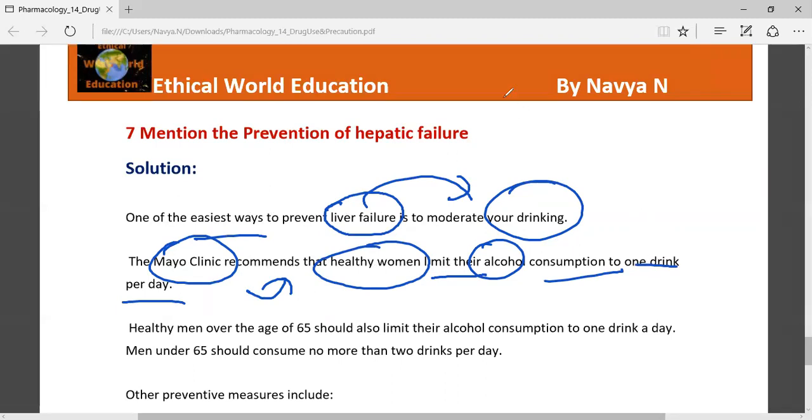What does the Mayo Clinic say? For healthy women, only one drink per day. And what about healthy men?